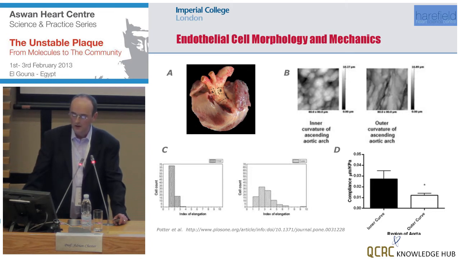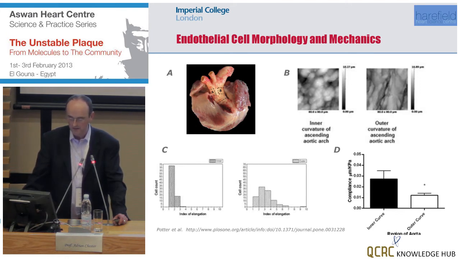They were able to show a difference in the morphology of these cells. So they're being affected differently by the different types of flow that they were seeing. And indeed, when they then quantified this cell shape change, the elongation in the cells in one area was significantly different to that in the other area.